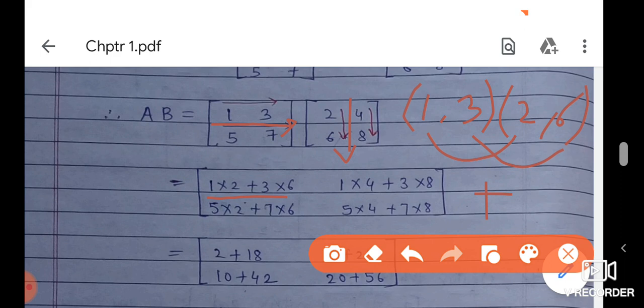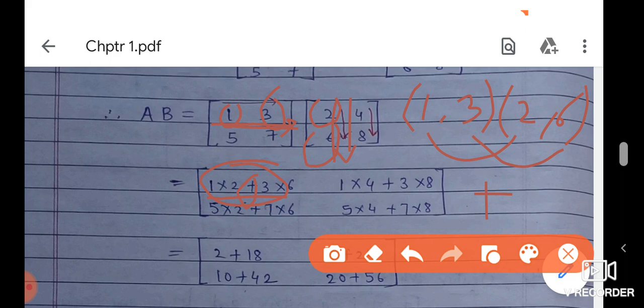This is something like a dot product. You will learn it later. So first number with the first term, second with the second, multiply and do the addition in between. We are taking the first row and the first column, so your entry will be in the first row and first column, A11 type.